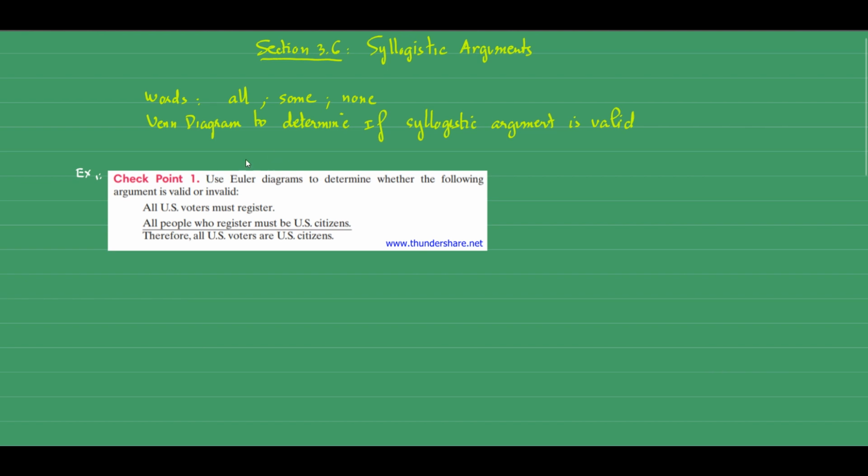Some textbooks put Venn diagram, some textbooks put Euler diagram, so it's kind of the same thing. So I'm going to put Euler diagram here.